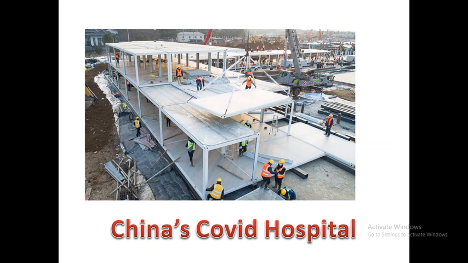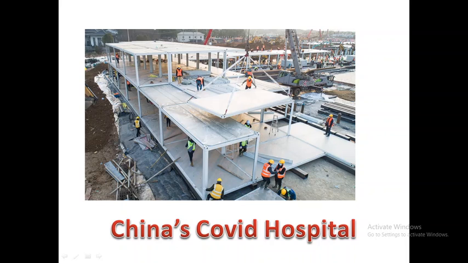For example, consider China. The Chinese government constructed a COVID hospital within 10 or 11 days. You might already know, some 1000 or 1300 beds, in a matter of 10 days. They used prefabricated structures.